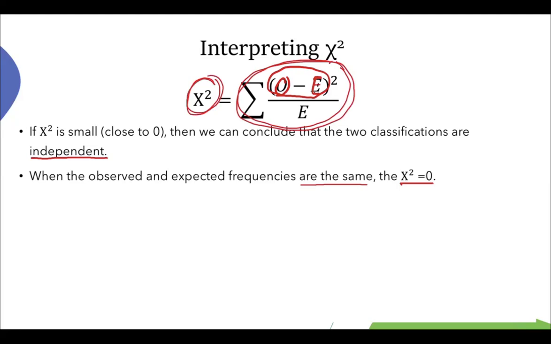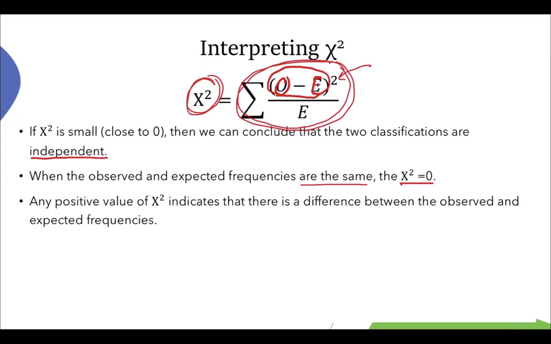So that's usually never the case, but at the minimum, chi-square is zero. It is never a negative number because there's a squaring part of this formula that ensures that even negative differences are going to become positive after they are squared. So chi-square is never going to be negative, only zero or greater.